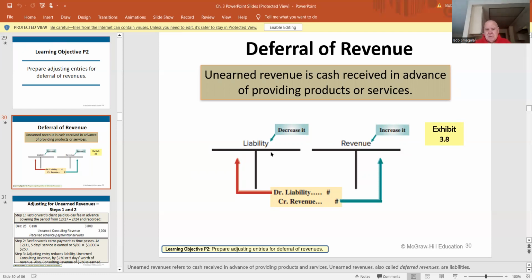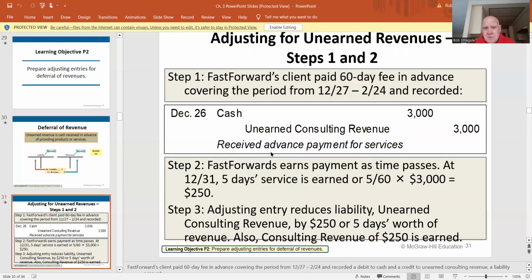So he's going to credit a liability account called unearned revenue. Unearned revenue is a liability account. The lawyer has a liability of $1,000, not in cash, but $1,000 worth of legal work.